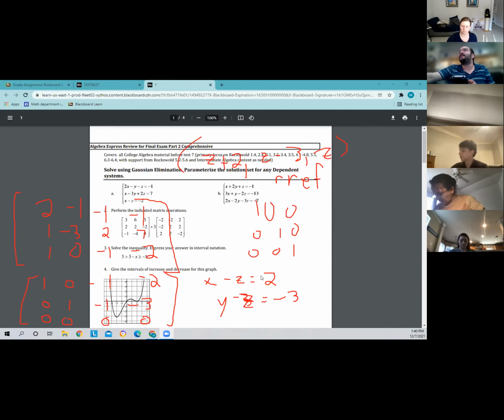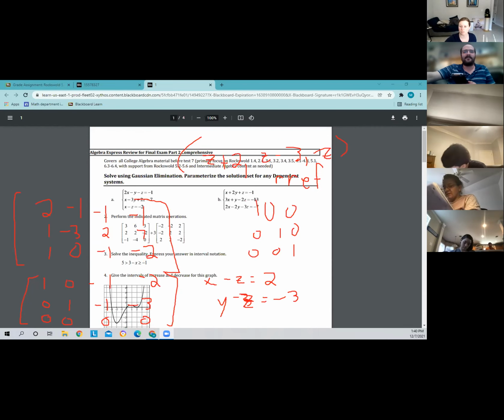I messed up my negative here. There should be a negative there where I didn't put 1. You missed your minus in the second part. You are going to have y plus z equals 3, not y minus z equals 3.